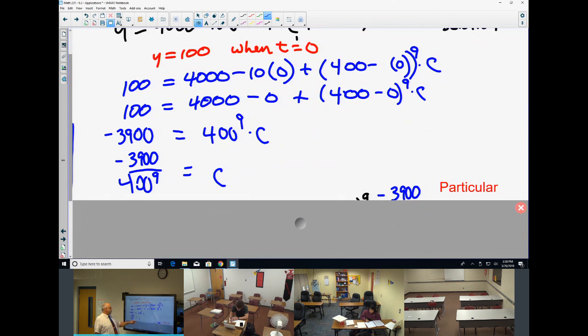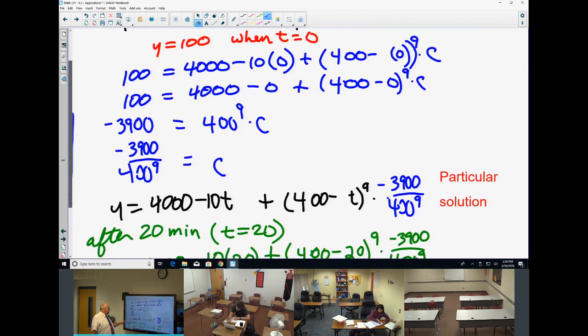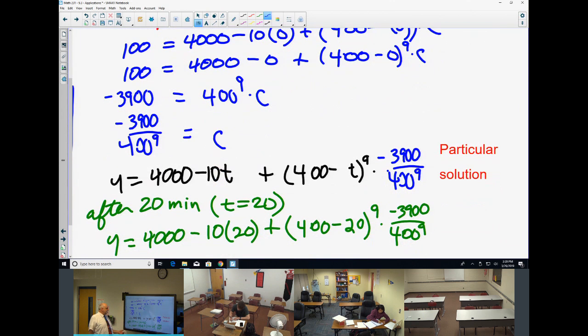So then for my particular solution, I take the answer where c was in my general solution and I plug that value in right here. That's what c was, and I plug that in, and that's the particular solution. And then finally I can answer any questions about it. So after 20 minutes, how much stuff is in it?